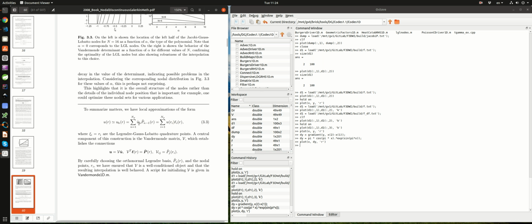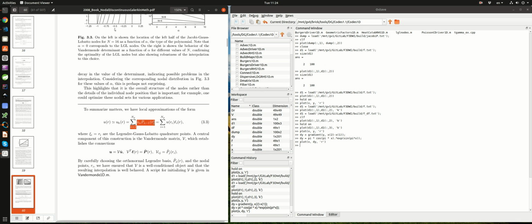So here for the modal representation, the coefficients, the weights, are not the function values. But here, if you are using the Lagrangian interpolating polynomial, then the weights are actually the function values, right?